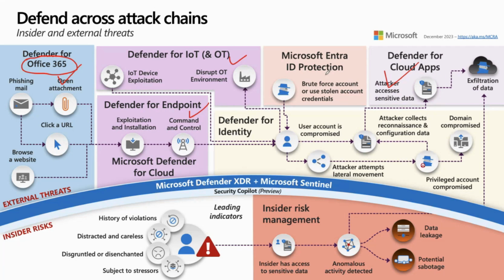Then you have Microsoft Entra ID Protection, which is for identities. Identities means us, the users who are working in an organization. When you join an organization, they create an identity for you. For example, my organization has created my identity, Komal Sharma at synergetic.com. Correct?